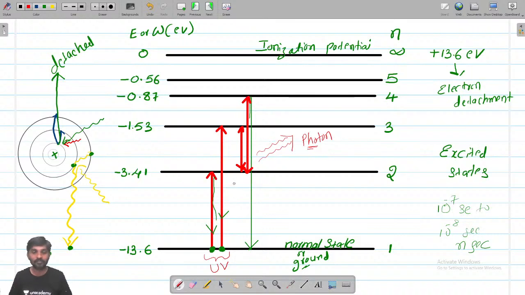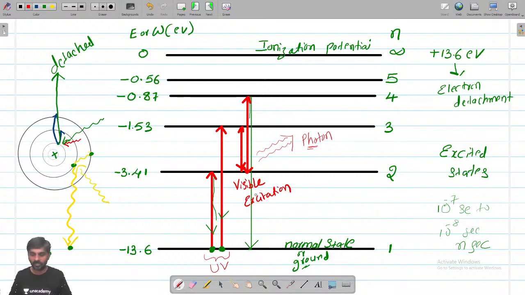Sir, this is visible radiation. This is visible excitation. What is visible excitation? Which is visible to the human eye.